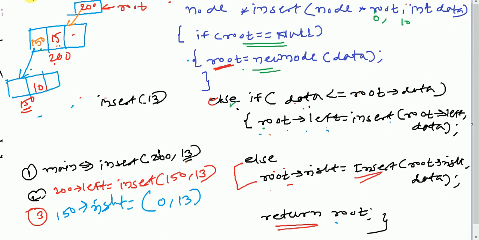Okay, so now look at here very carefully. So this is insert null, 13. I rewrite it once again clearly so we can understand it better. It's a very important concept.